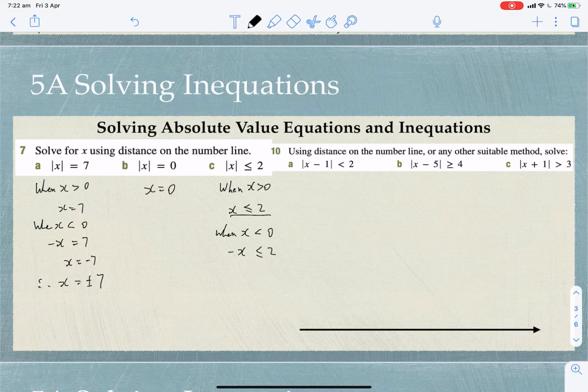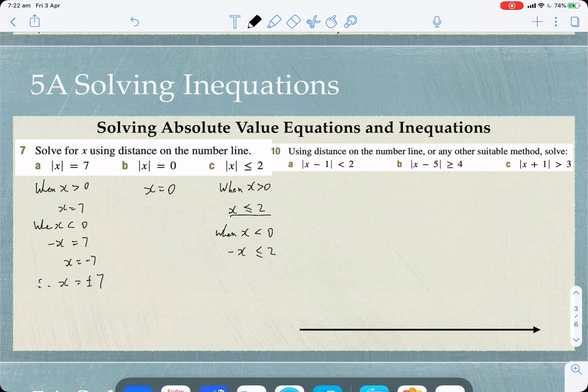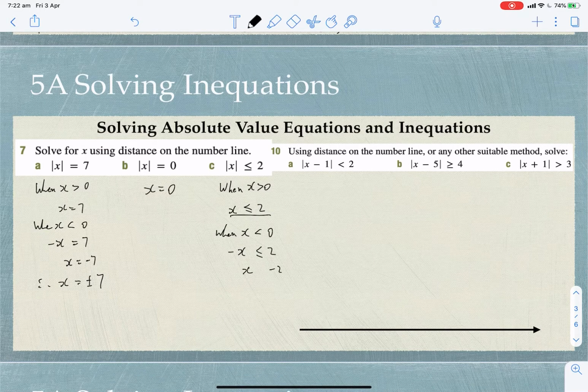Now we can times both sides by negative 1. Once we do that, we need to swap the sign. So we get x bigger than or equal to negative 2 and less than or equal to 2. Okay, that's the solution.